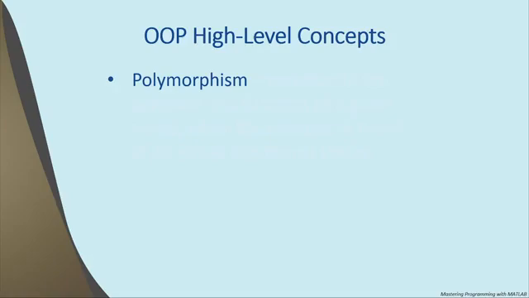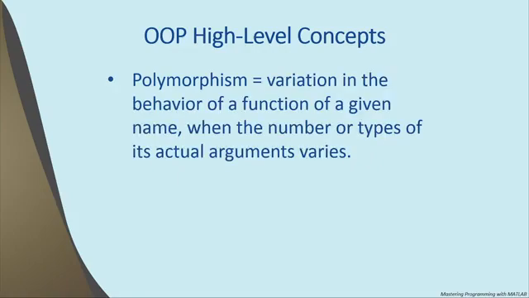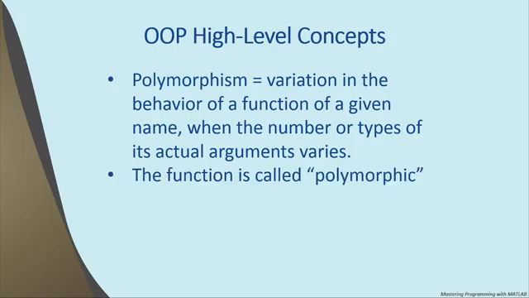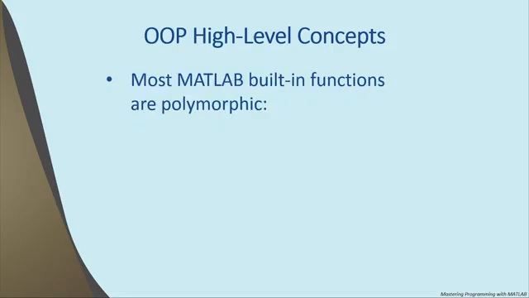The word has many meanings, but the most common meaning in programming, and the one that we use in our MATLAB courses, is variation in the behavior of a function of a given name when the number or types of actual arguments varies. A function whose behavior changes with types or numbers of arguments is called polymorphic, and most of MATLAB's built-in functions are polymorphic.